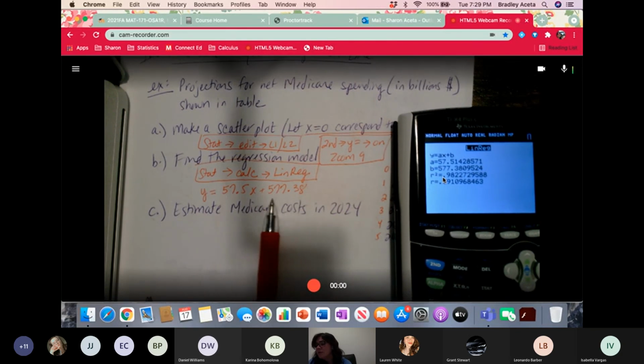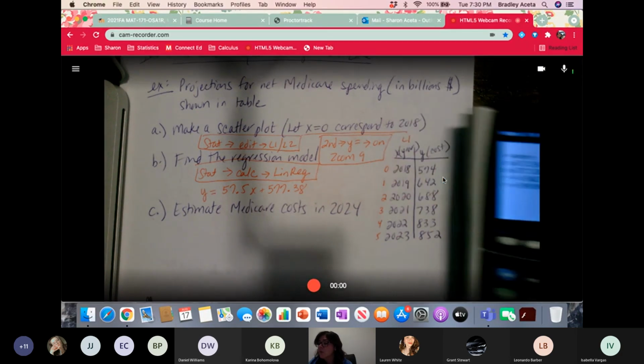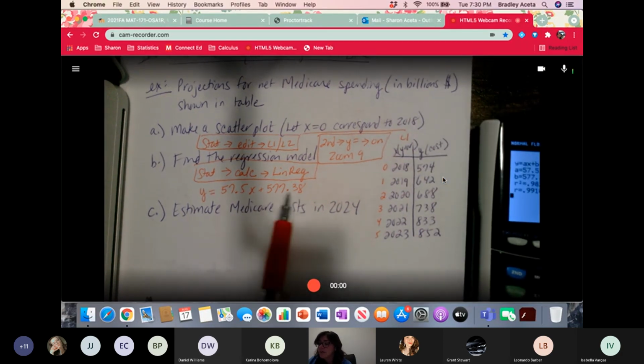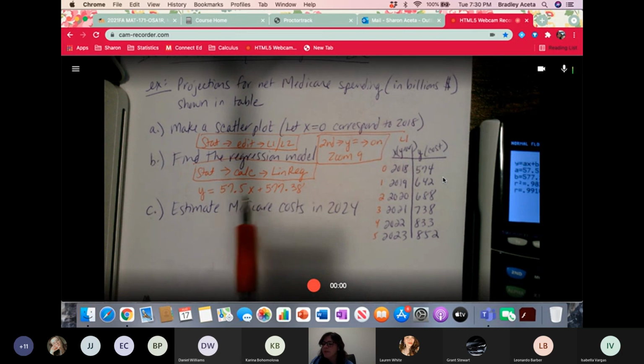And so if we were to interpret this, this would be your initial amount when x is year 0, or actually at year 2018, our initial amount was about 577.38. Is that correct? Well, no, we're off, because this is just kind of using this information to make an equation. So it's close, but it's not completely accurate. This is our rate at which the cost for Medicare spending is increasing per year. That right there is your rate at which it's increasing.